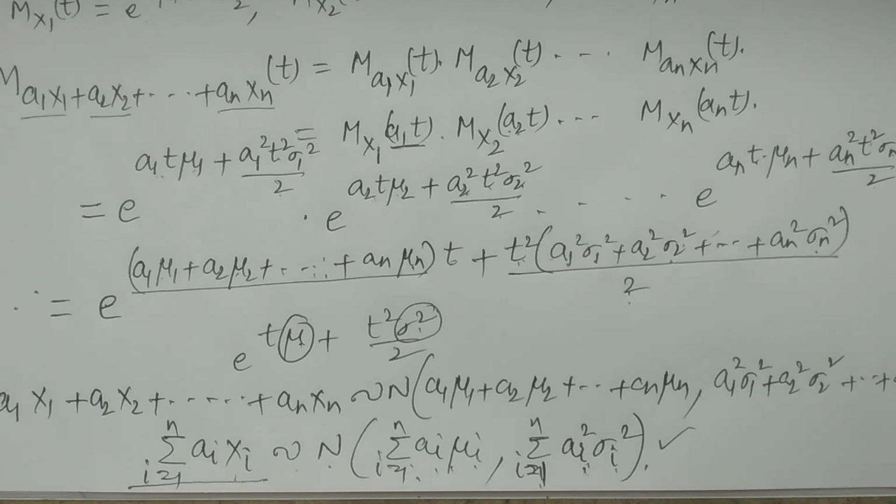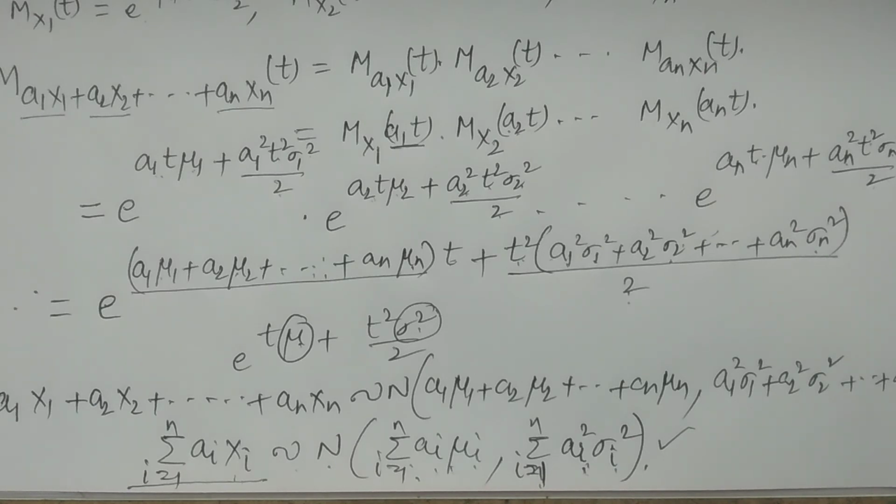The difference between two normal random variables can be obtained very easily from this linear combination. Of course, we can also get it from the additive property, but there is some variation, and here it is very clear.